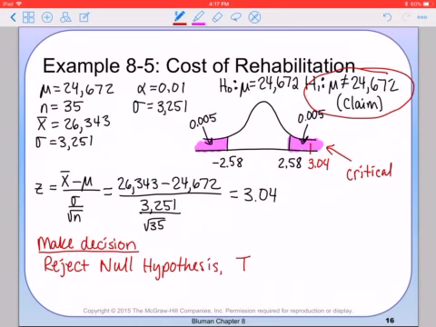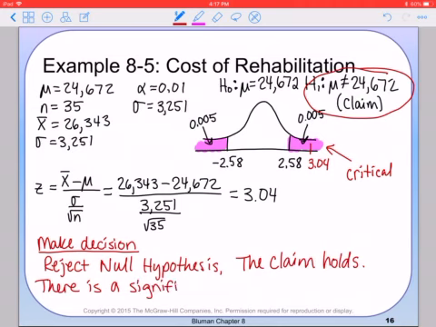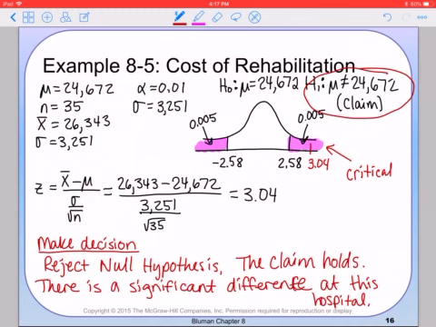And thus we have that the claim holds. There we go. So there is a significant difference at this hospital. All right, so that's our answer. We want to reject the null hypothesis here.